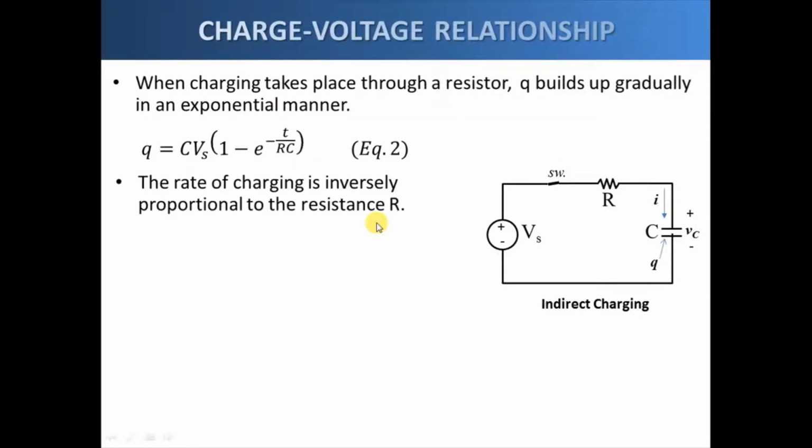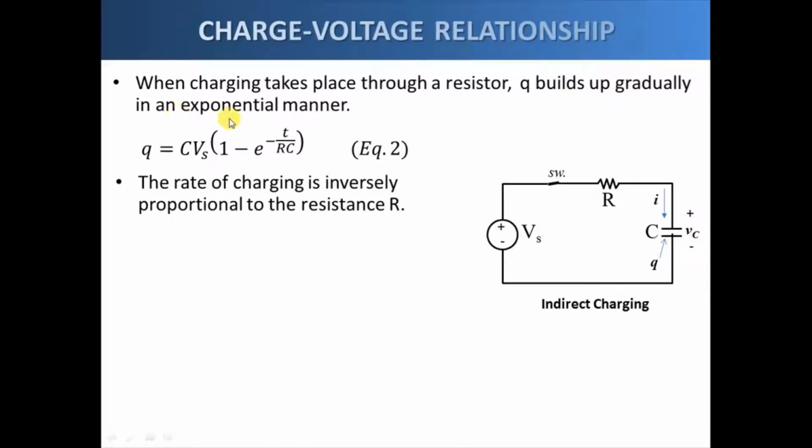Now let's say we charge the capacitor via a resistance. So let's say we have a series RC circuit, and the circuit is connected to a voltage source V sub S. Now when we do this, the capacitor will still charge, but this time in a gradual manner.